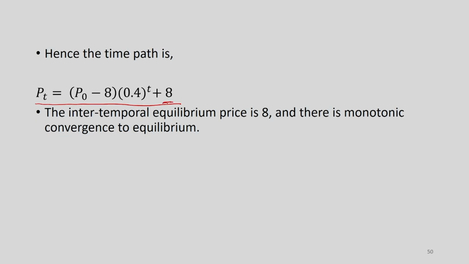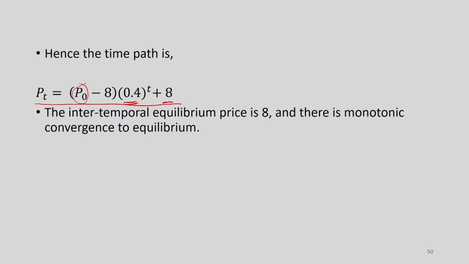8 here is the particular integral or the intertemporal equilibrium price, and this 0.4 is very critical. This is that b term in the complementary function. Once again, I do not know the P0 here, that is the price at t equal to 0. So that is the arbitrariness, but as far as the stability is concerned, I can say something about that.